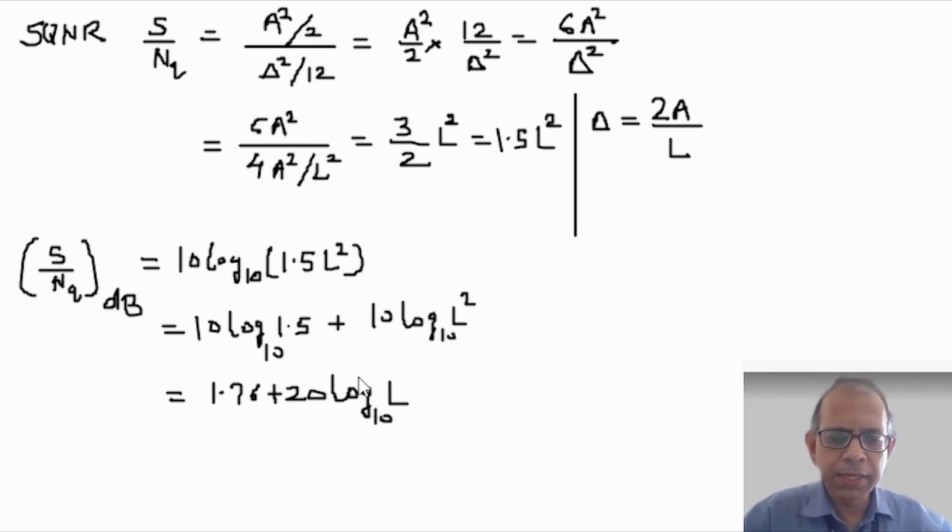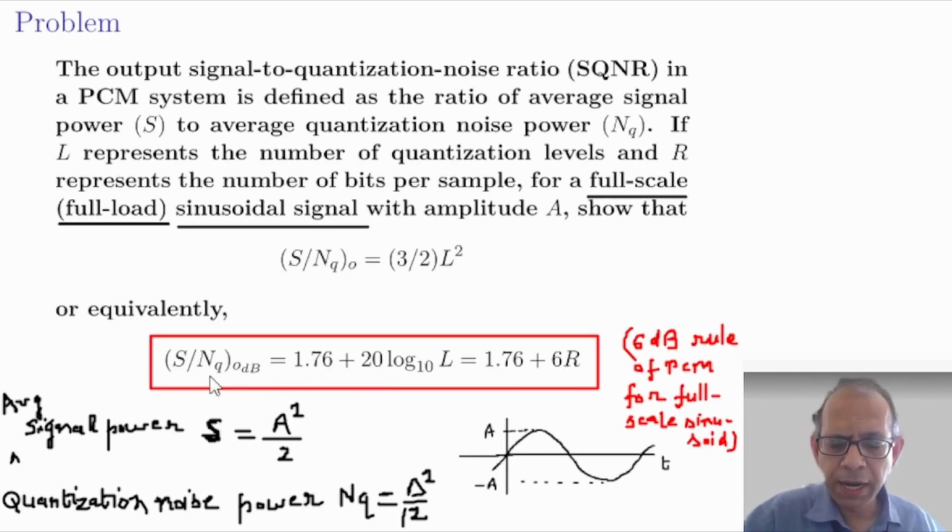So this is another result. We have shown that signal to quantization noise ratio in dB is 1.76 plus 20 log L.